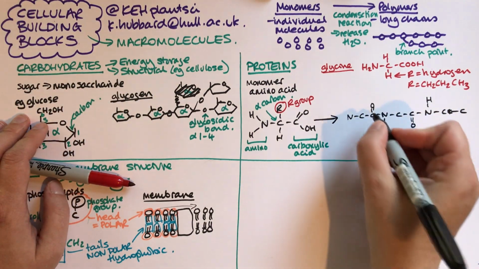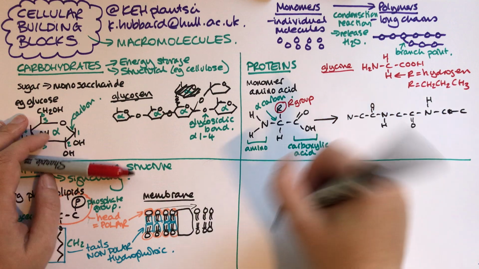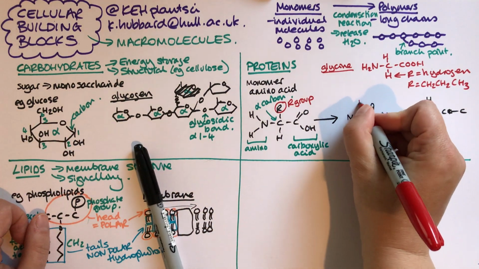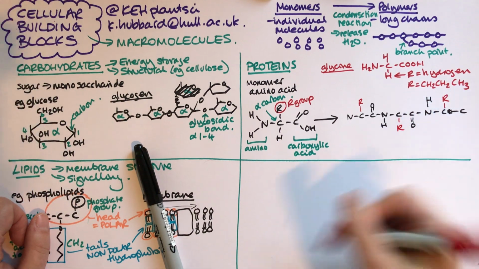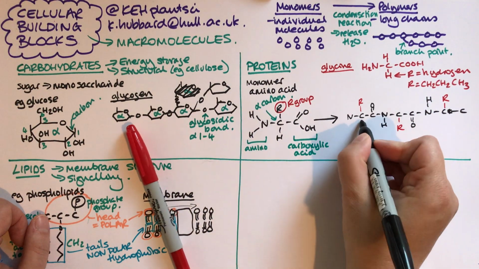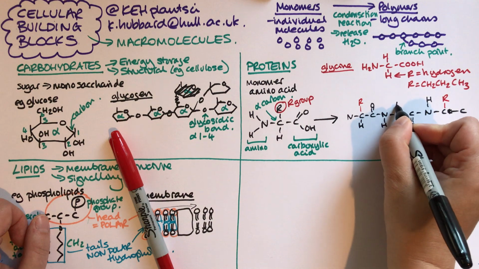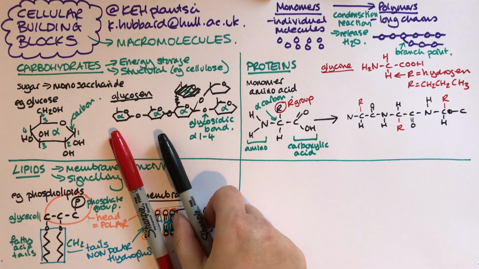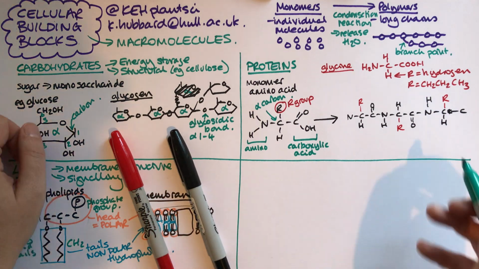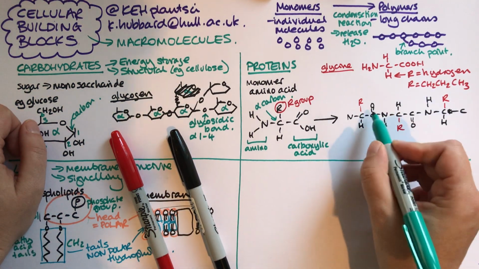Then we'd have our R group sticking out the top on that one. It's sticking out the bottom, sticking out the top. There's the H. There's the H. So this is now our long polymer. And we can see that we've got a characteristic bond that keeps forming.